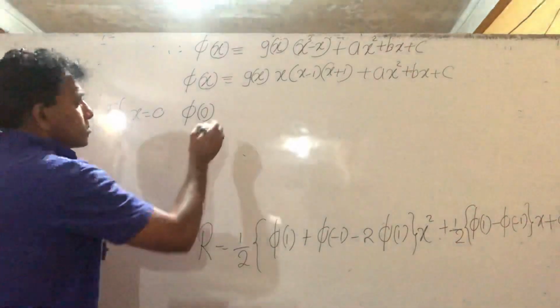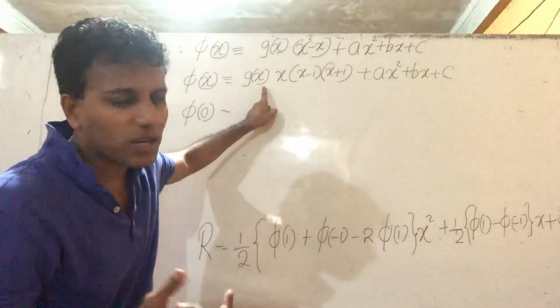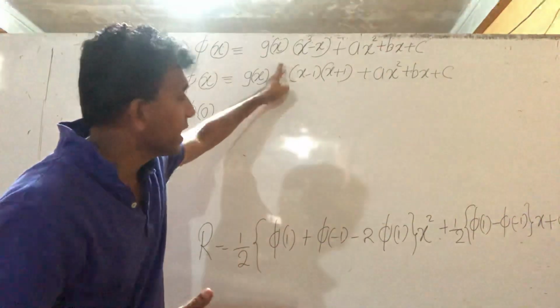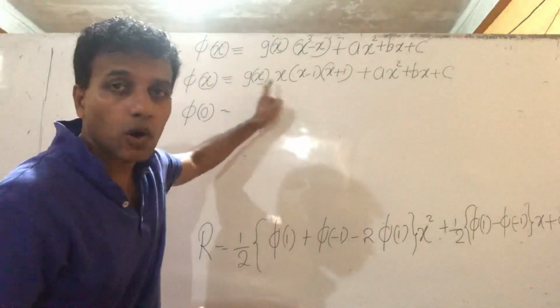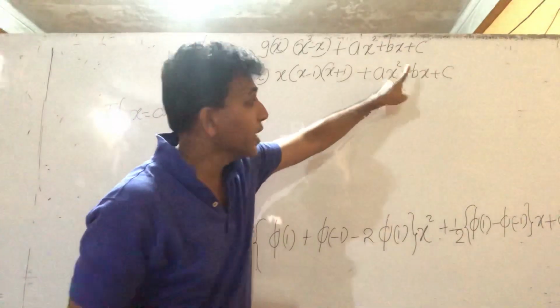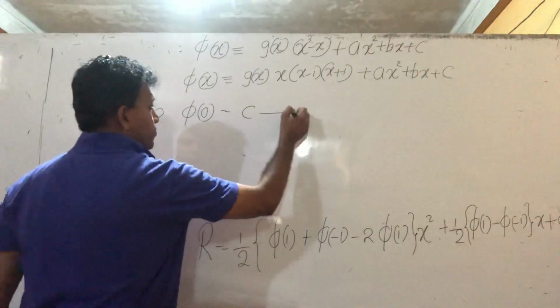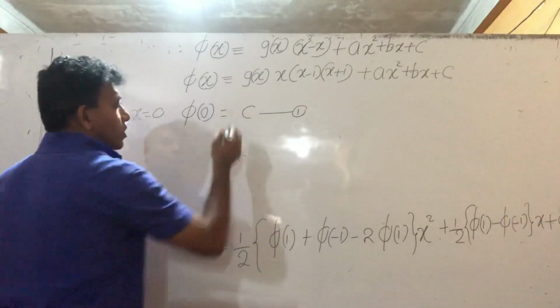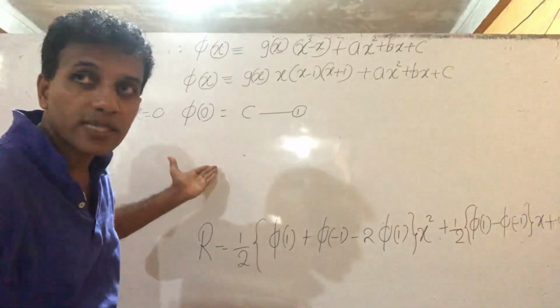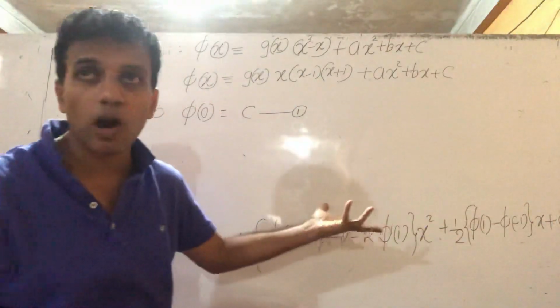Here g of naught is not necessary, x is 0 so all 0. Here put x for 0, c. I found the c answer. Check your expression, last number, phi of naught, c found.